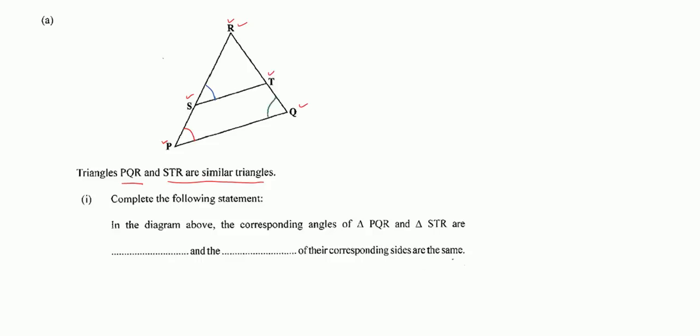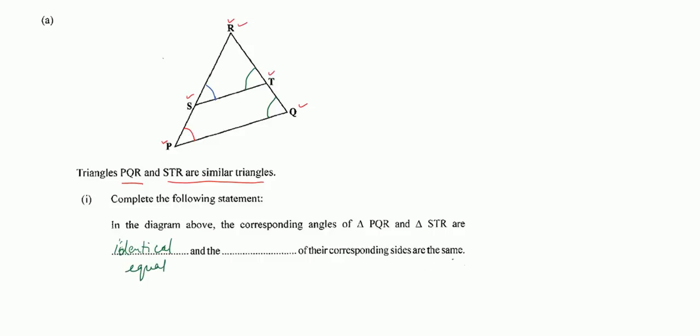This angle here and this angle here are identical, right? So what we are saying is that the corresponding angles are identical, or equal, okay? Those are the corresponding angles we are talking about here.